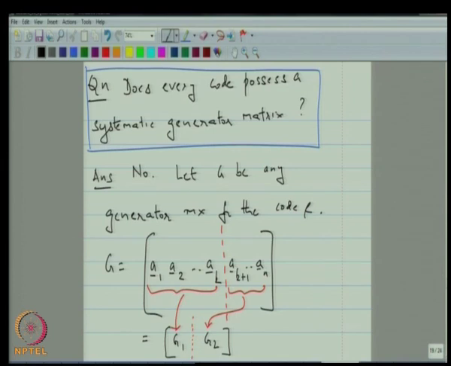And the answer we gave was that if your matrix is k by n, and if the first k columns are full rank, then there exists a systematic generator matrix.